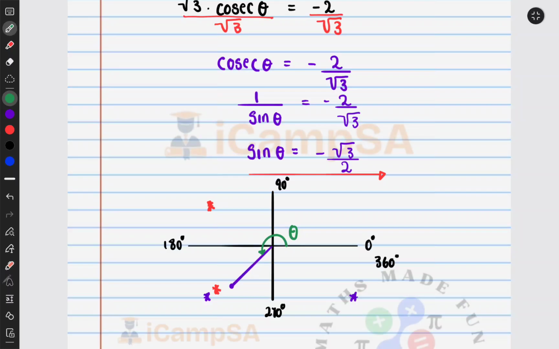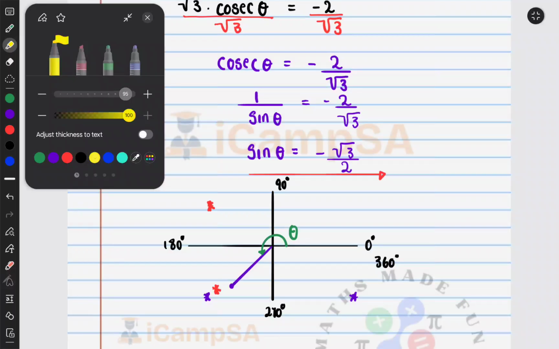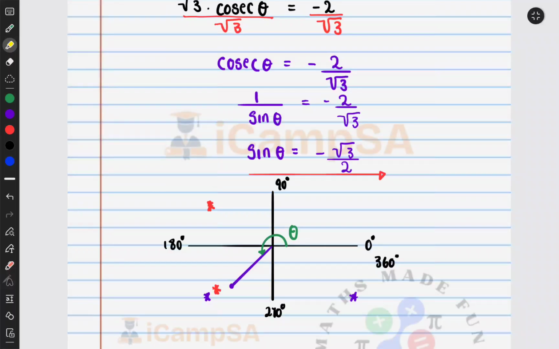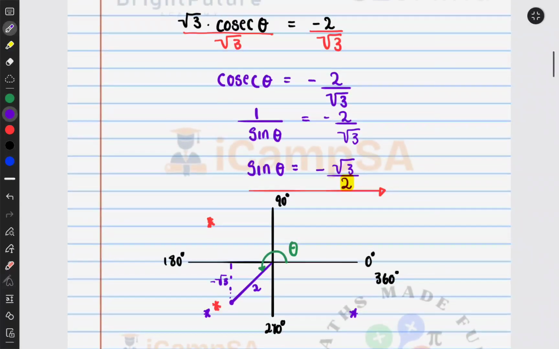The positive value will be the hypotenuse, because the length of the terminal arm is always positive. The negative is for the opposite side, the y value, which is negative root 3, and then here we have 2, which is the terminal arm.